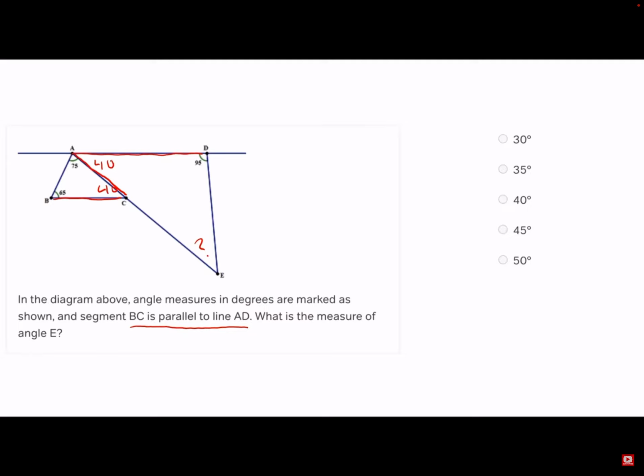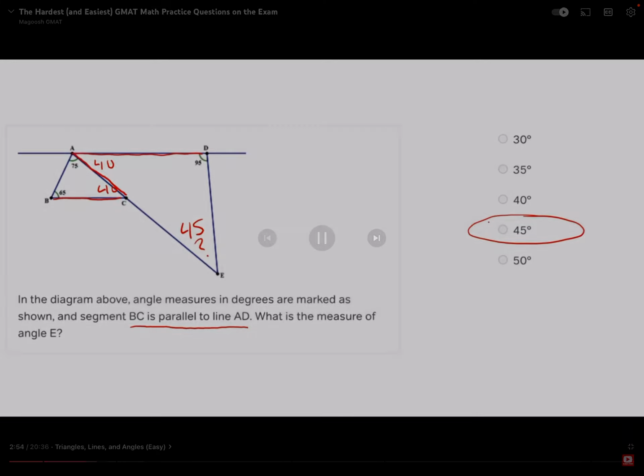Now turning our attention to the larger triangle, now I've got two angles in that triangle, which means I can solve for the third. So if I've got a 40-degree angle and a 95-degree angle, that means that I have 135 degrees so far, which means I have 45 degrees remaining, which means the angle that I'm looking to solve for is 45 degrees. And my answer is D.